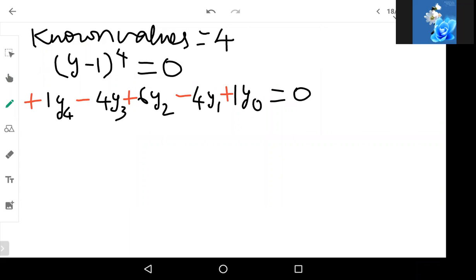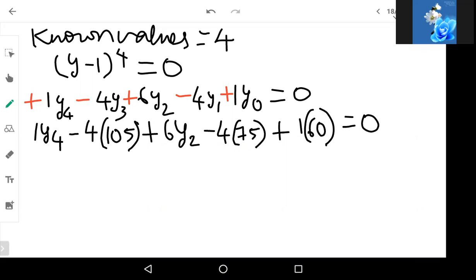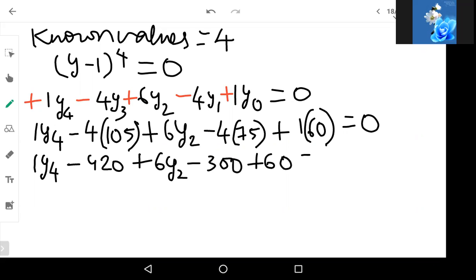We don't know what is y4, so 1y4 will remain as it is, minus 4 into 105, which is y3, plus 6 into y2, which we also don't know, so we'll keep it as it is, minus 4 into 75 plus 1 into 60 is equal to 0. Now 1y4 minus 4 into 105 is 420, plus 6y2, minus 4 into 75 is 300, plus 60 is equal to 0.